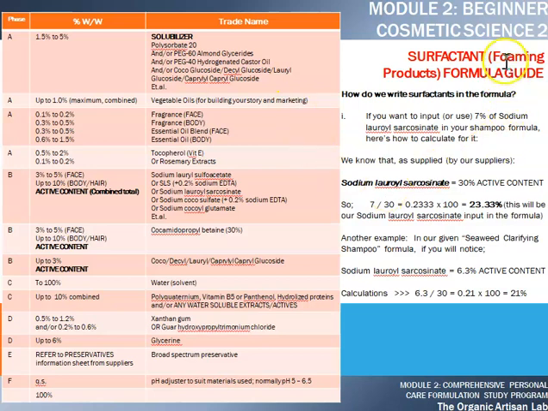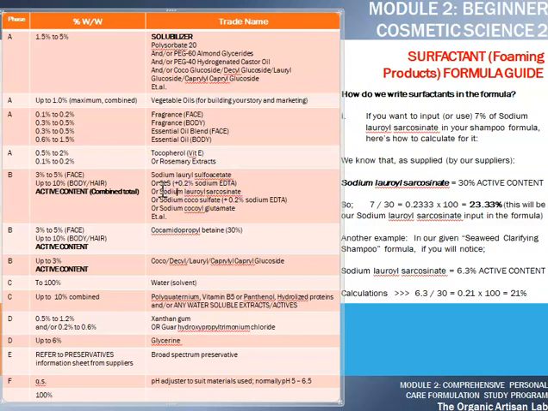Okay, so again, here is our surfactant foaming product formula guide. I have sort of discussed it to you a while ago, so I'll go ahead and read this. How do we write surfactants in the formula? Number one, if you want to use 7% of sodium lauryl sarcosinate, as an example, in your formula, once you are building your formula, you would like to use only 7% of sodium lauryl sarcosinate.